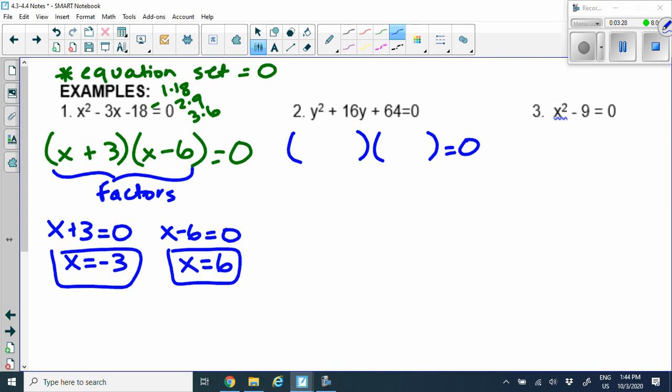So since my a value is 1, all I need to do is find the numbers that multiply to 64. This is going to be kind of a long list here, okay? So just be careful. So we have 2 and 32, and then we have 4 and 16.